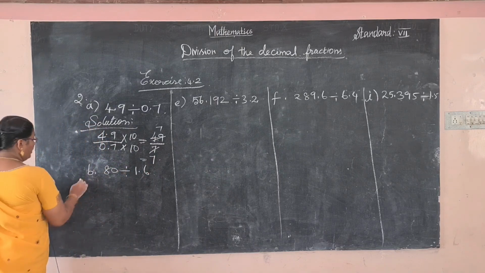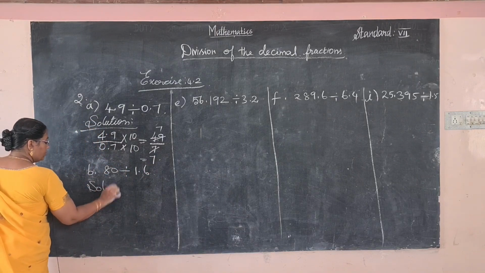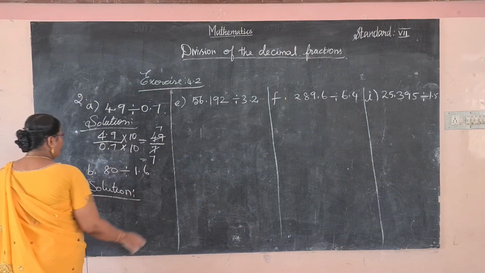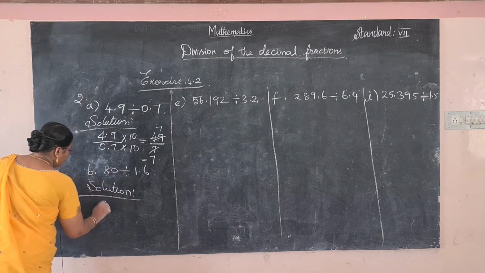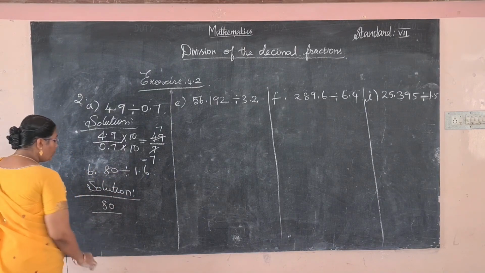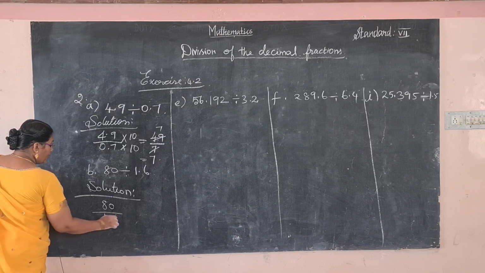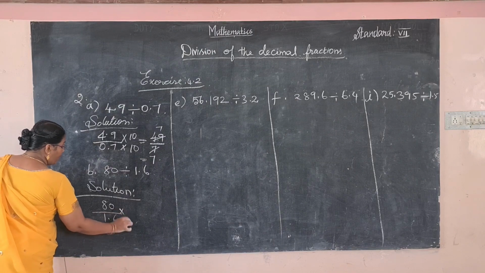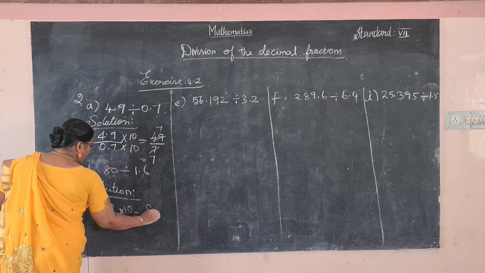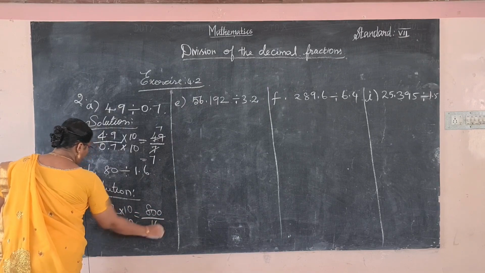And the next one: 80 divided by 1.6. How many decimal places does the divisor have? Only one, so the numerator and denominator are multiplied by 10. So 800 divided by 16.